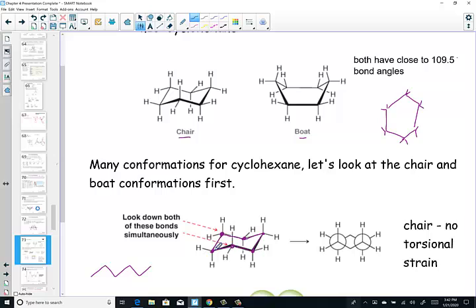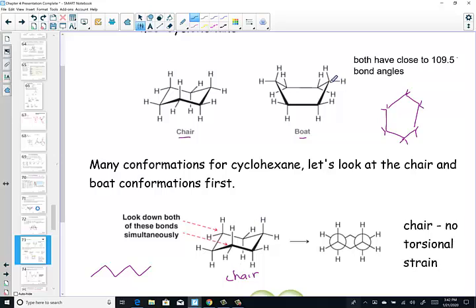We're looking at no torsional strain with that type of configuration. And this is what we refer to as the chair conformation. I'm not sure why, but if this is considered like a little headrest and a little footstool, perhaps you can envision someone sitting in a chair, but that's what it's called. It's called a chair conformation.